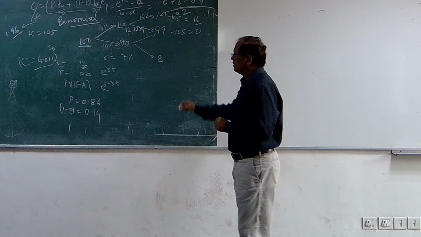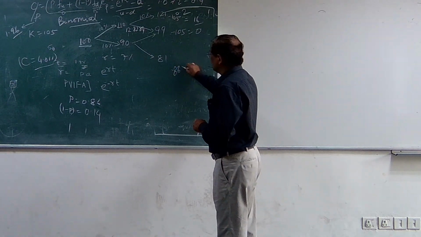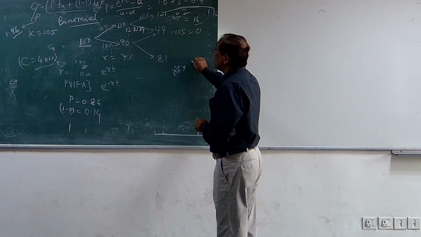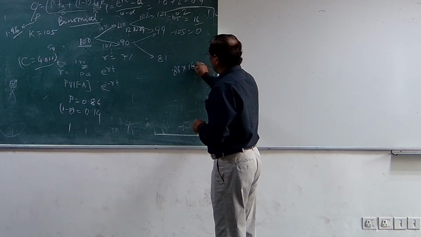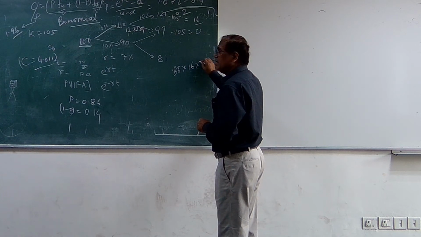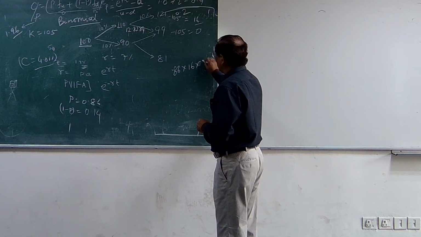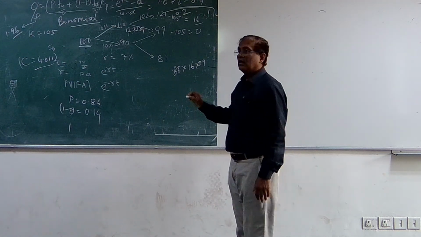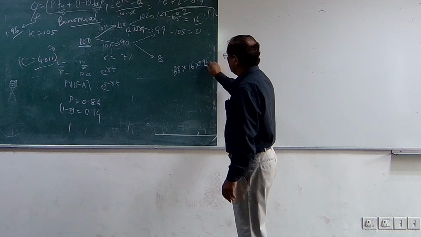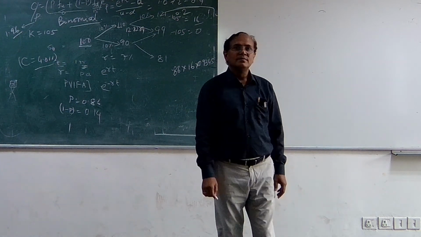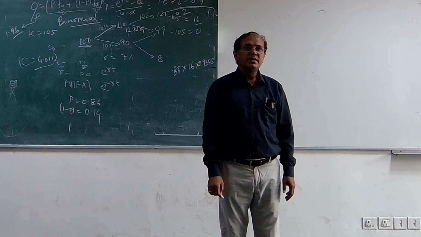You calculate 0.86 multiplied by 16, multiplied by how much is the value? 0.98. Twelve point.